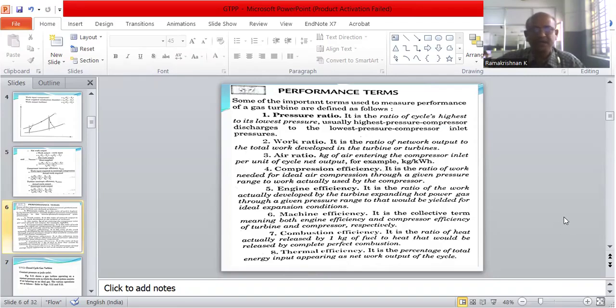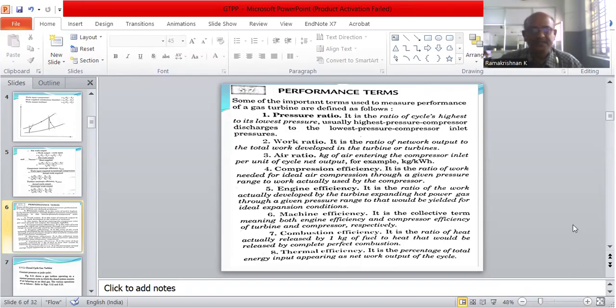Then similarly, work ratio. It is a ratio of the net work output to the total work developed in the turbine. Then air ratio. It is the amount of air entering the compressor inlet per unit cycle of net output. So for unit cycle of net output, what is the amount of air that is supplied to the compressor?